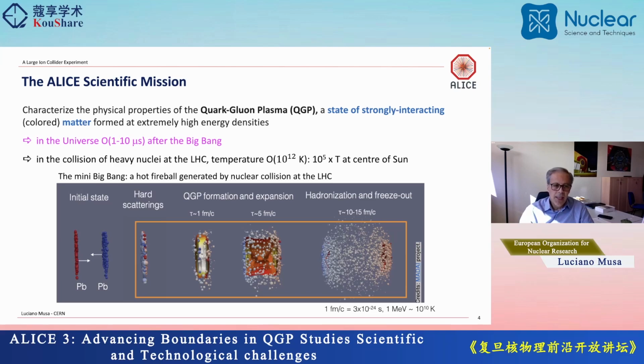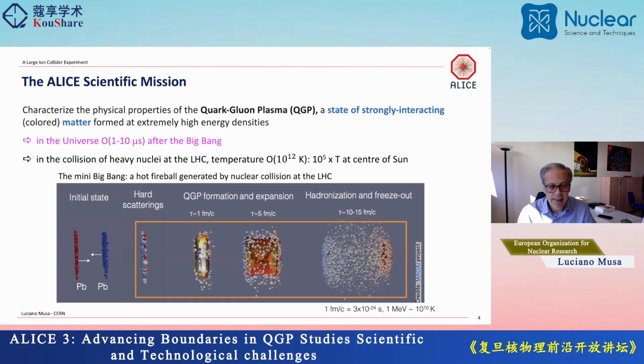It is also conjectured that it may still exist at the core of neutron stars, but it is the state of matter which can be created in the laboratory with collisions of heavy nuclei at relativistic energies, where temperatures and energy densities well above the critical value can be achieved.